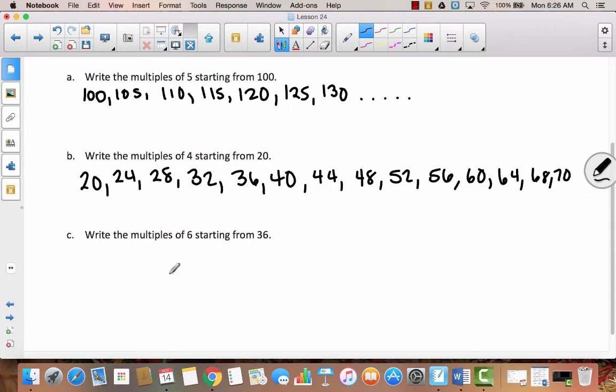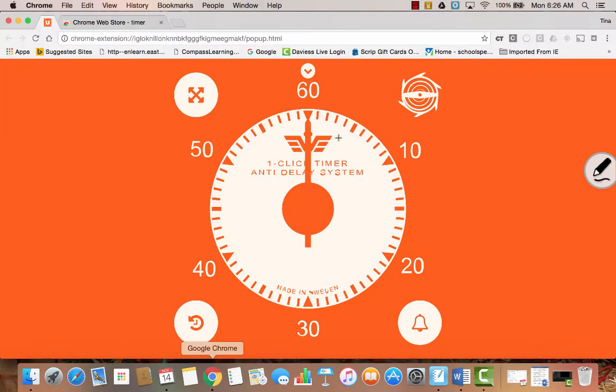All right, so now we're going to write the multiples of 6 starting from 36. So you're going to count by 6s, but you're going to start at 36. And let's see if you find any patterns when counting by 6s. So again, I'm going to time you for 1 minute.